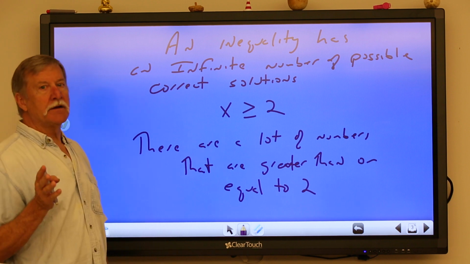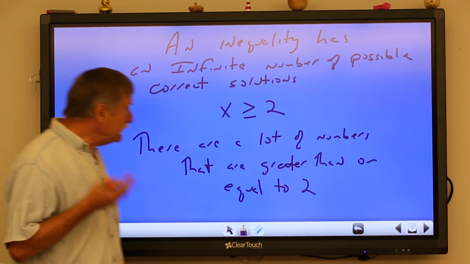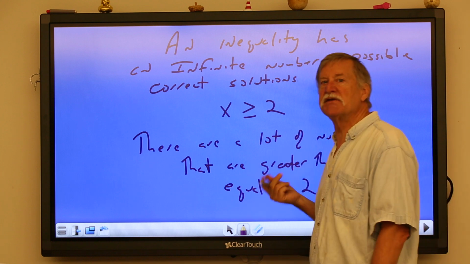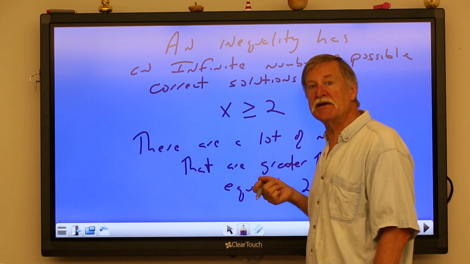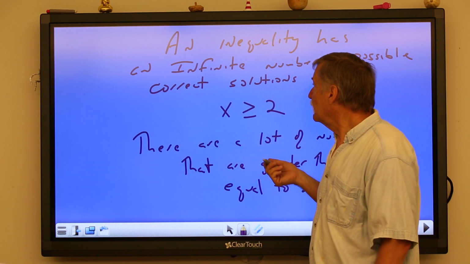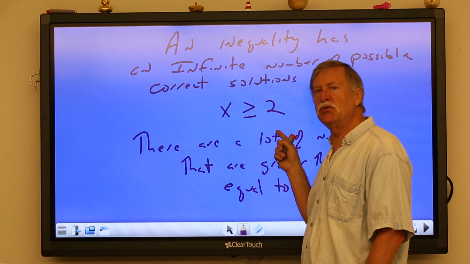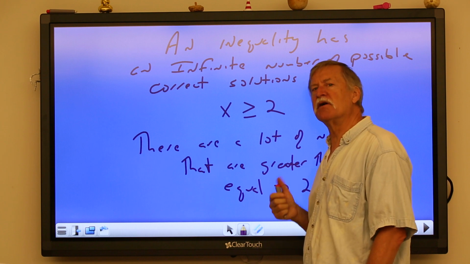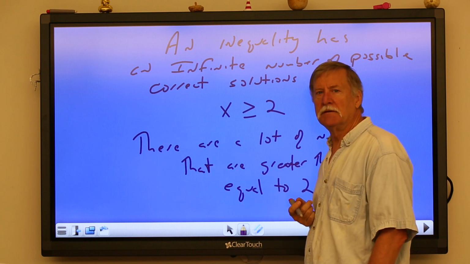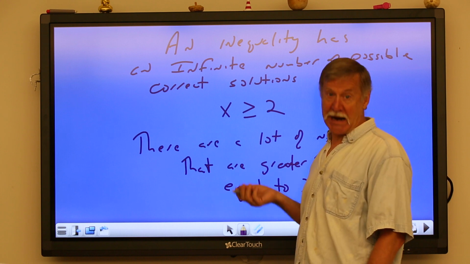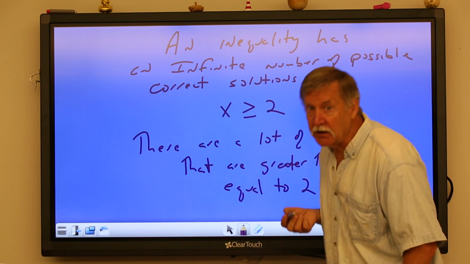An inequality, however, has an infinite number of possible solutions, possible values for x that are correct. If we talk about x is greater than or equal to 2, how many numbers are there greater than or equal to 2? Yeah, a lot. And don't forget decimals and fractions and all that stuff too, right?